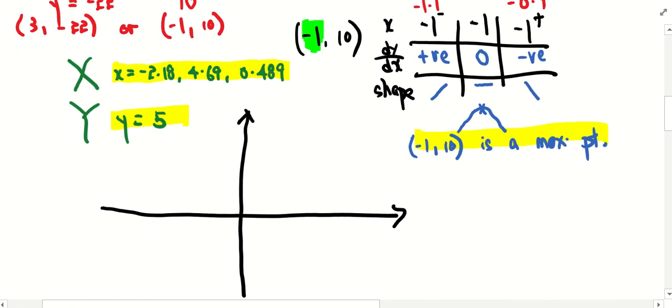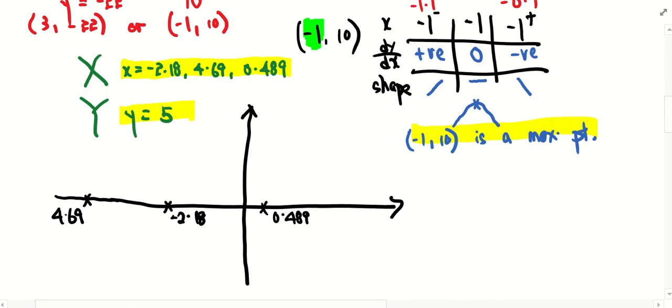So, I'm going to input 0.489, around 0.5. Negative 2.8. 2.18, sorry. So I need to draw further. 4.69. Just proportional. No need to be exact.